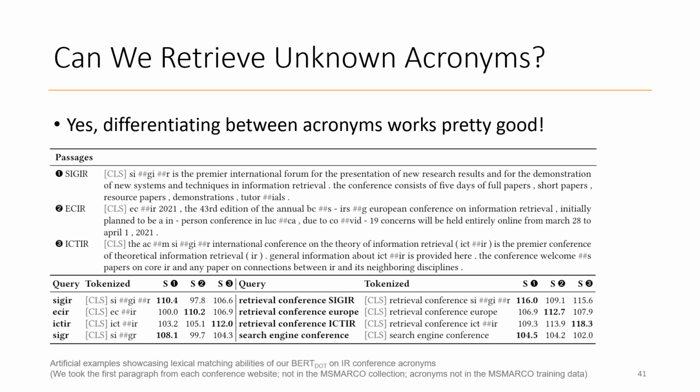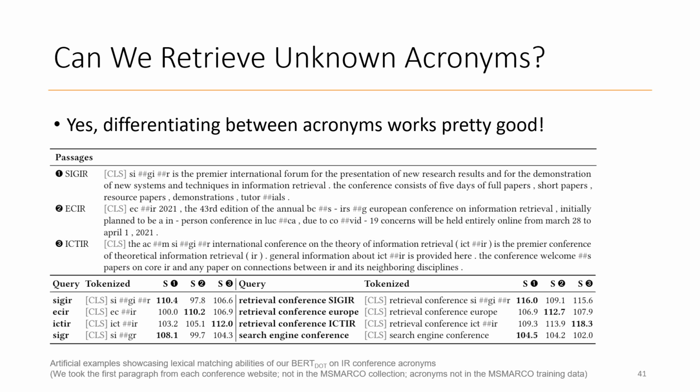Very interesting here is that SIG-IR matches higher than the ICTIR passage on the query SIG-IR, because SIG-IR appears exactly once in both of those passages, but the model somehow figured out that the first passage is more about SIG-IR than the ICTIR passage. Then also interesting, if we misspell SIG-IR, it still matches to the correct passage, higher than the others.